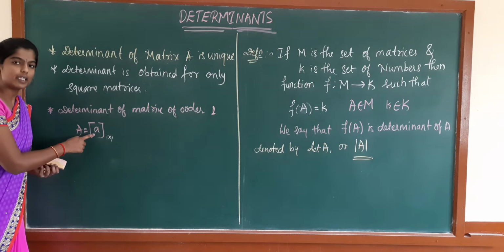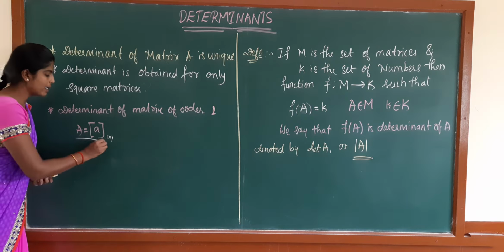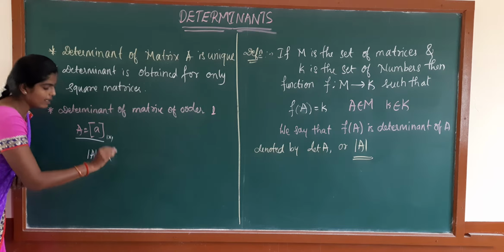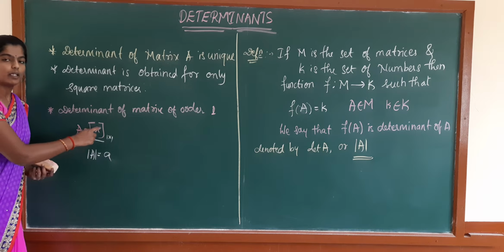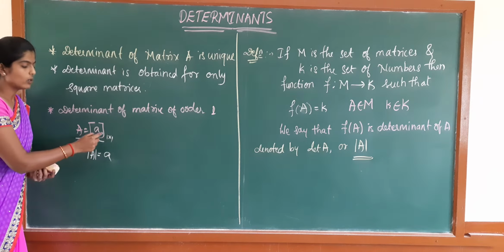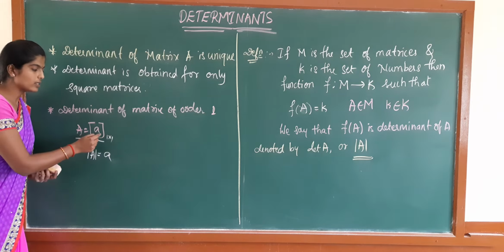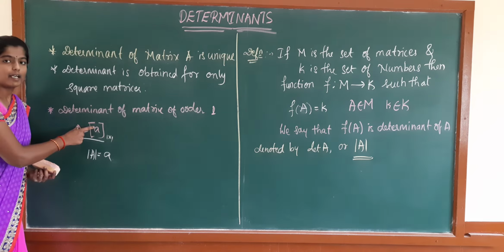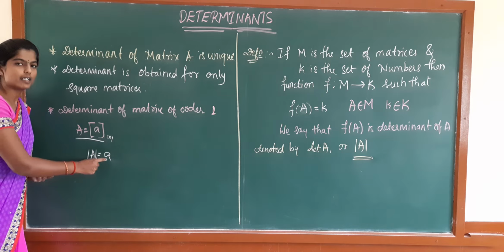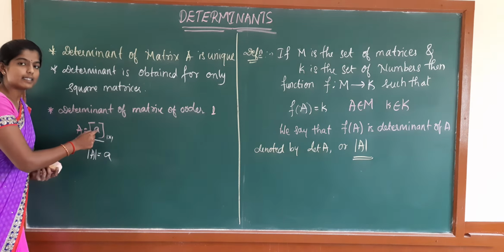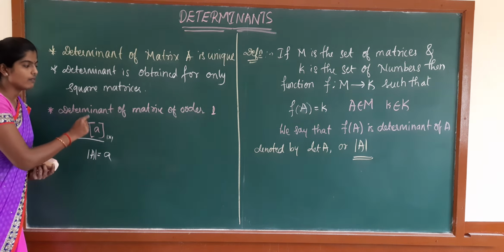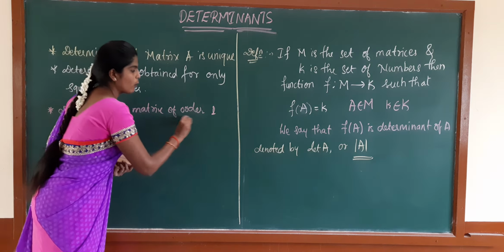So it is nothing but A, and the determinant of A is nothing but the given number. There is no other row or column here. It is a 1 cross 1 matrix, so it is also a square matrix of order 1. Its determinant is the number inside that matrix.